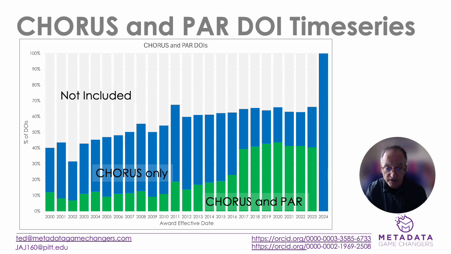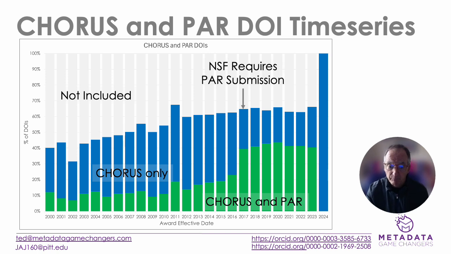And it's clear that in 2017 there was a significant change in the percentage of these DOIs that were found in chorus and par, a big increase in the DOIs that were found in par, and that corresponds to a change in the NSF requirements with respect to par.